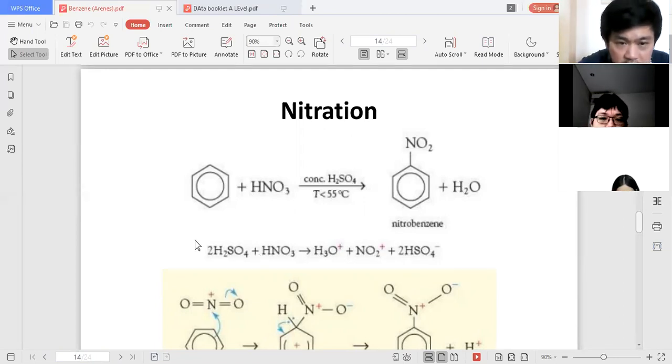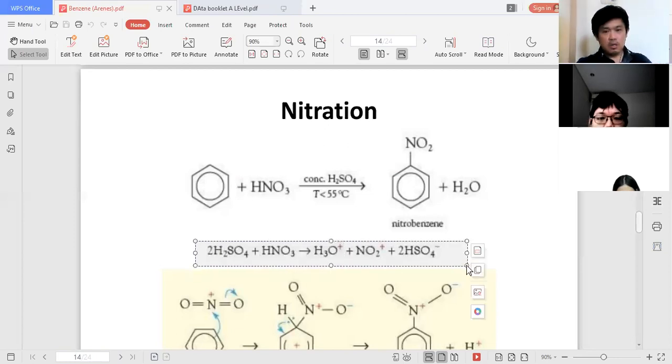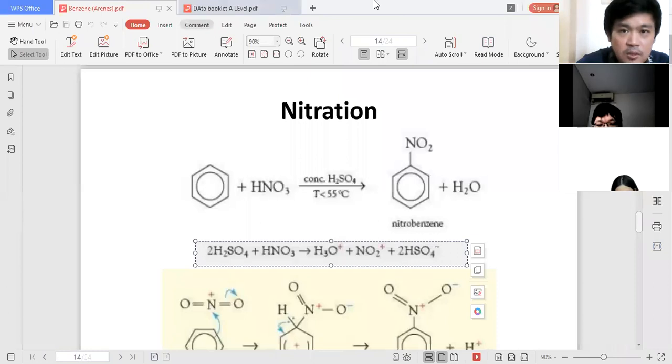This one is the reaction of the catalyst or the formation of the nitrates. So we need the presence of sulfuric acid in order to make this one.